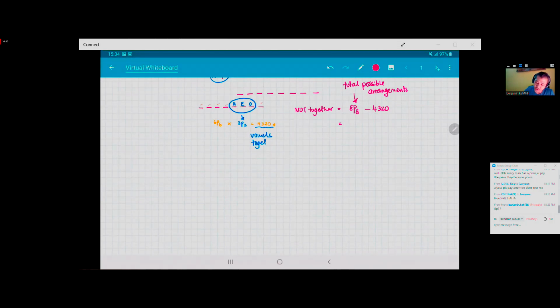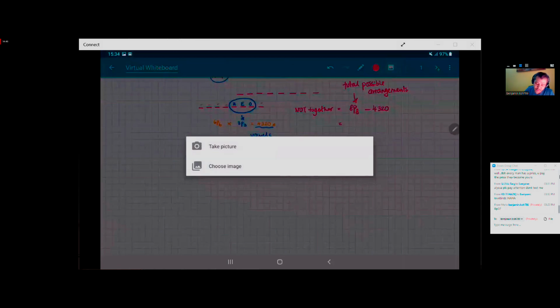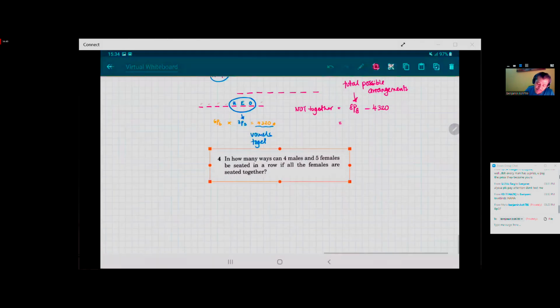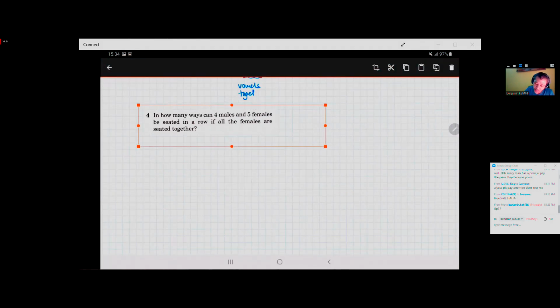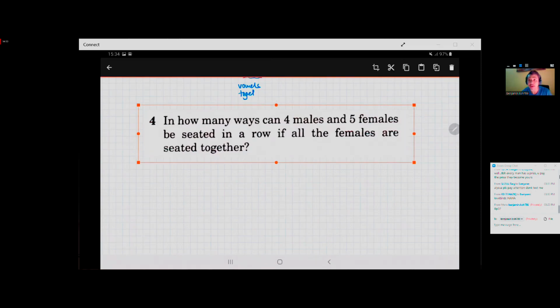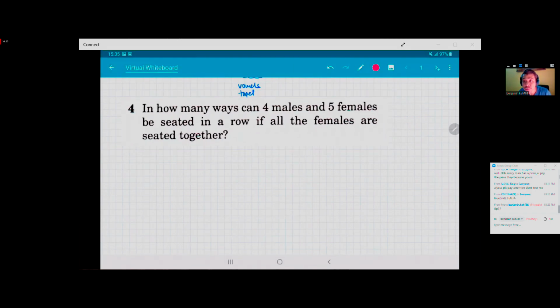This question is roughly about 3 markah. In SPM, this is only paper 1. Got it? All right. Now, let's move on. Number 4.